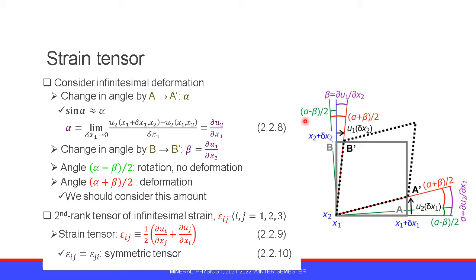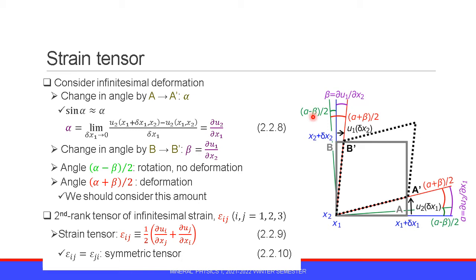The angle alpha minus beta divided by 2 is the rotation of this square into this parallelogram during deformation. Here we consider the deformation of the body and do not consider the rotation of the body.